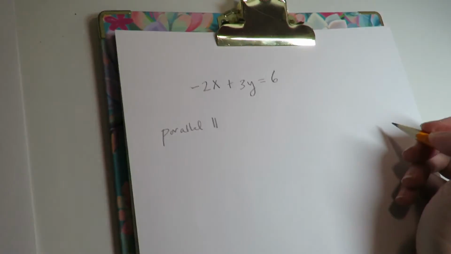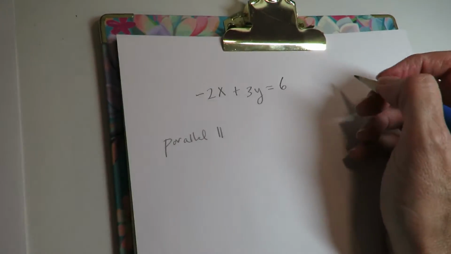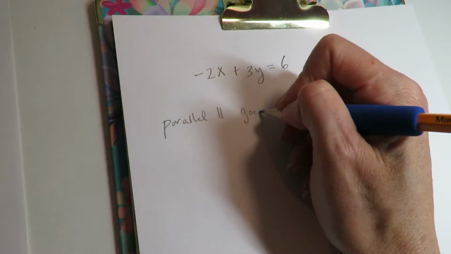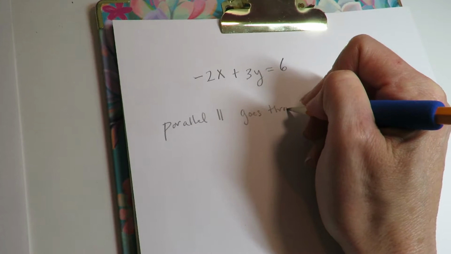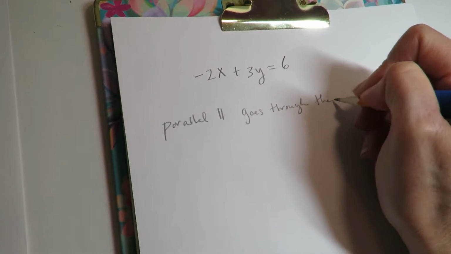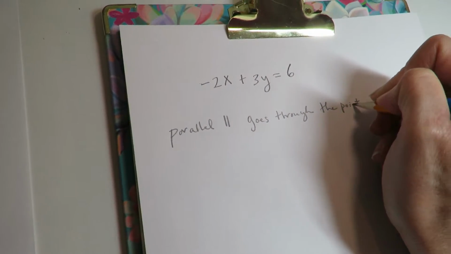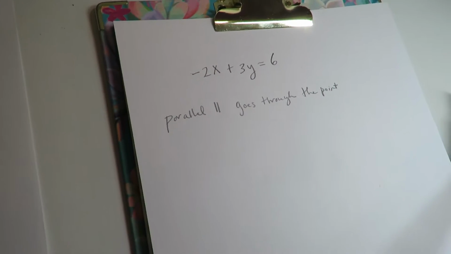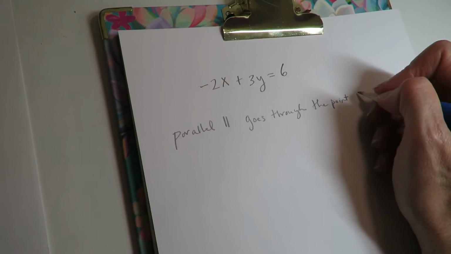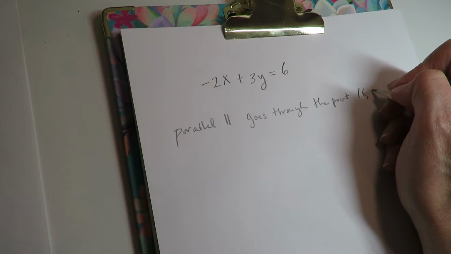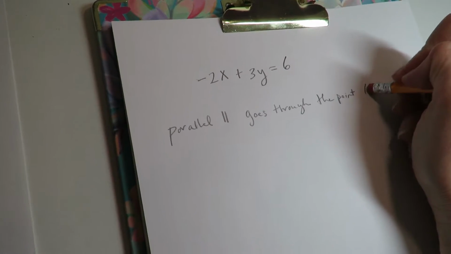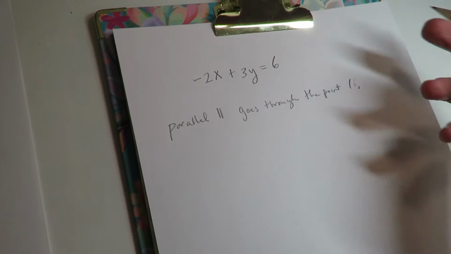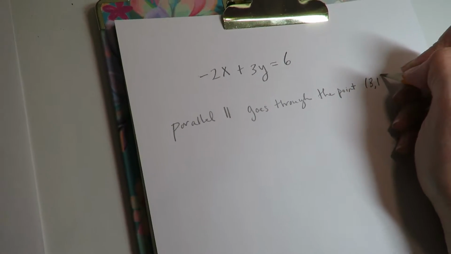This is a symbol for parallel, and that goes through, let's say, the point 3, 1. I'm just making up something.